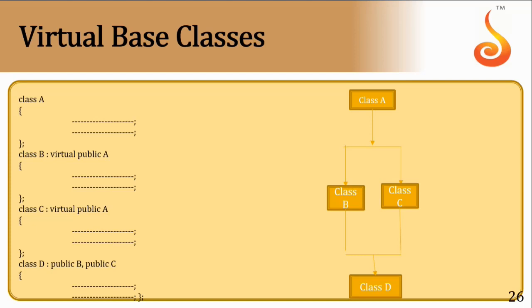So that is why I will make A virtual. When I derive it, class B virtual public A and class C virtual public A. So C is also from A and B is also from A. Then when I derive a class D from B and C, I get only one copy of A. That is virtual base class.